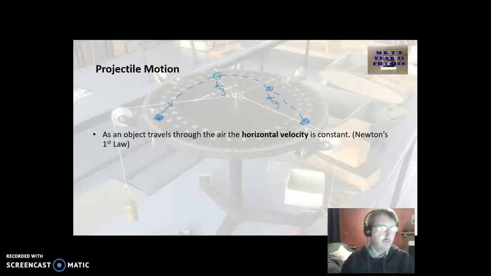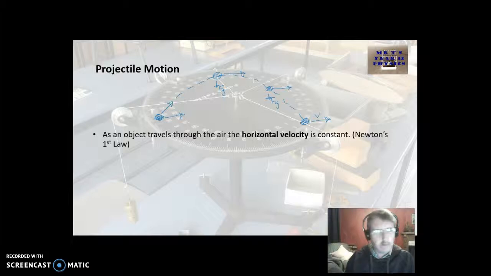Now, if we assume that there's no friction, we can say that the horizontal component, or them going sideways, so if we're going to the right, their horizontal component never reduces. It stays the same size all the time. So it always has the same horizontal velocity, and we're going to call that v.